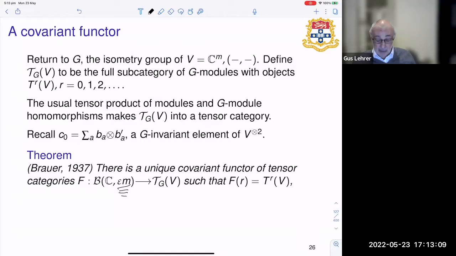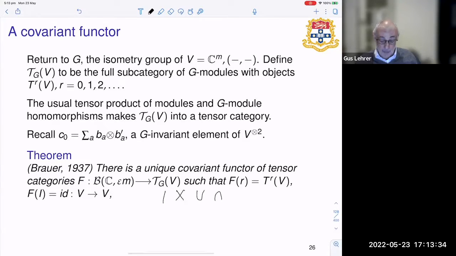It is defined on objects by saying that F of r is the tensor power. To define it on morphisms, you'll remember that I pointed out that there are 4 morphisms, namely these, which generate all morphisms in the Brauer category.